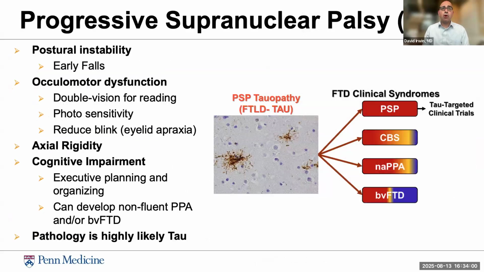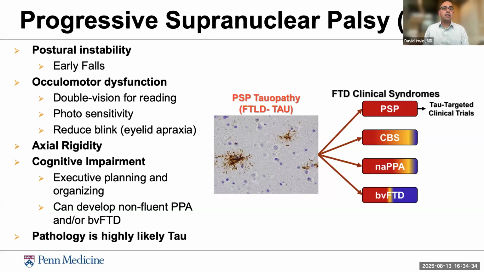In contrast, progressive supranuclear palsy, or classic Richardson syndrome, is characterized by postural instability, with early falls a key feature in the clinical history. Oculomotor dysfunction, particularly incomplete and slowed vertical saccades. An ancillary feature could be photosensitivity, as well as reduced blink or eyelid apraxia, including blepharospasm or difficulty with eye opening.